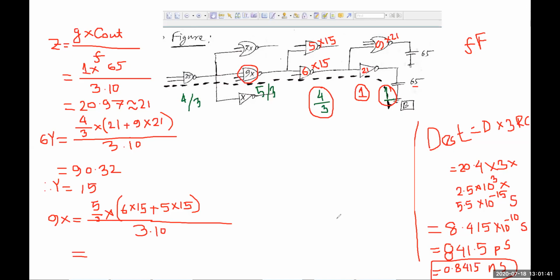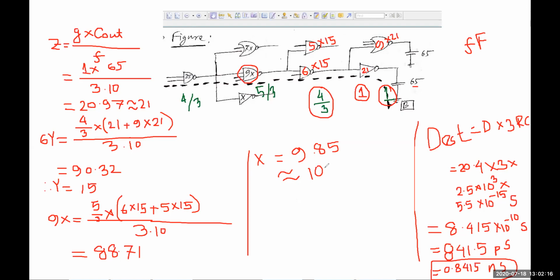Now, if you find the value, 5 by 3 into 6 into 15 plus 5 into 15, divided by 3.10, the value is 88.71. Do not round it up yet. Divide by 9, so your x will be 9.85. Now round it up. Make it 10. So your x is 10.